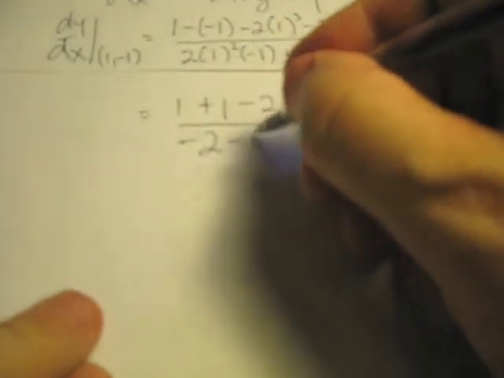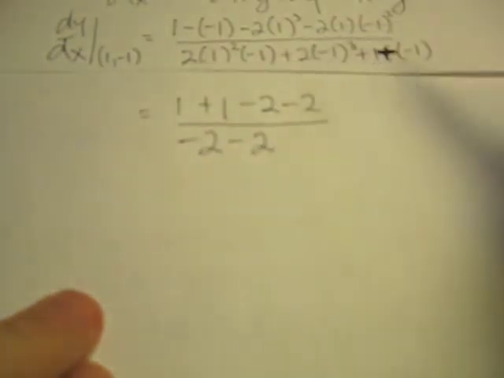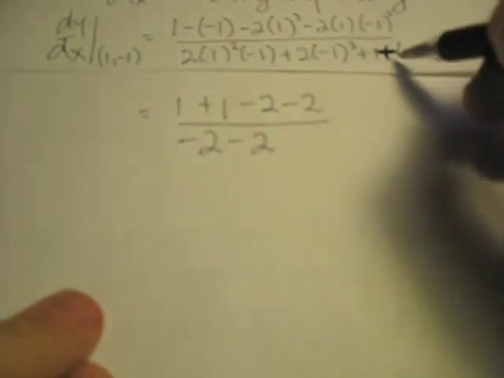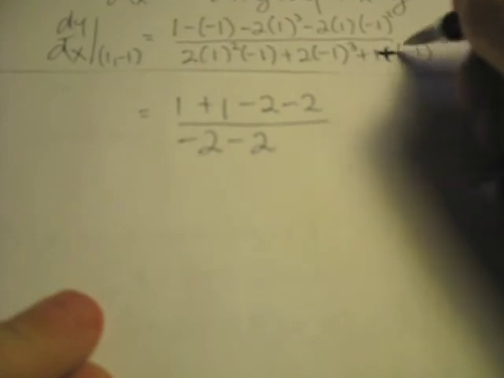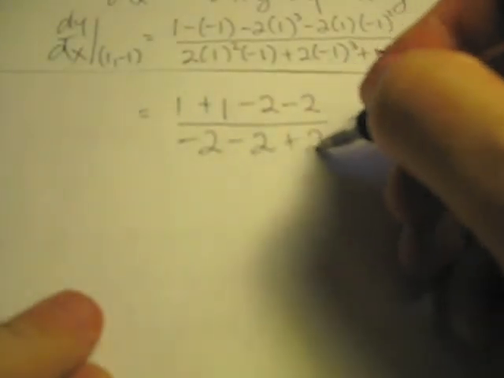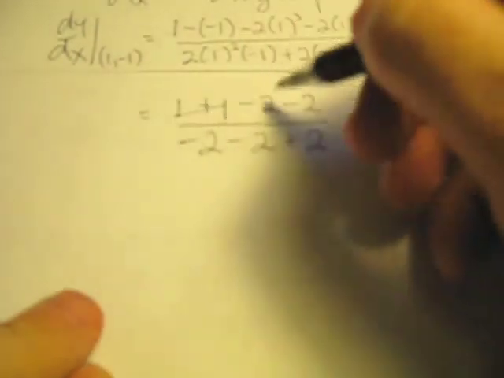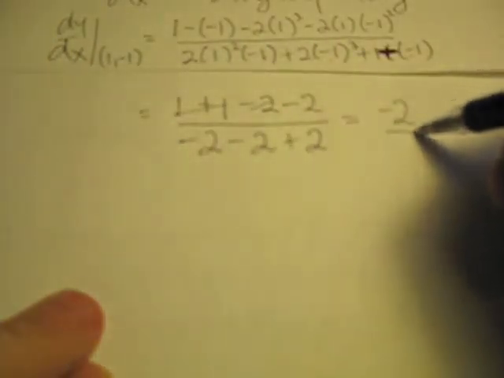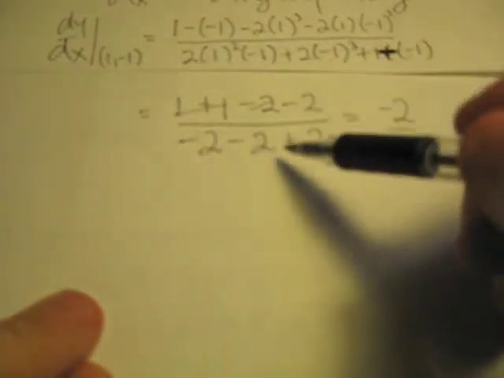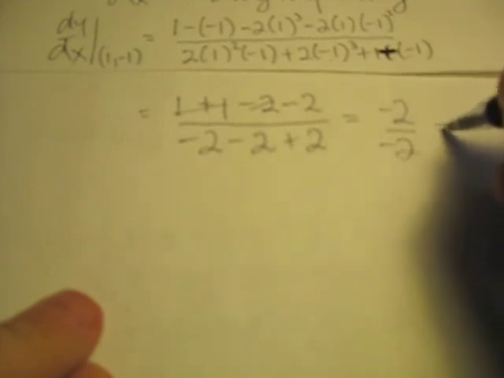This will still be a negative 2 because negative 1 cubed is negative. We have a plus 1, and now we have a subtract 1, so it's going to be plus 2. So this goes with this, so I'll get a negative 2 on the top, and on the bottom a negative 2, so I end up with 1. So the slope of the tangent is going to be 1.